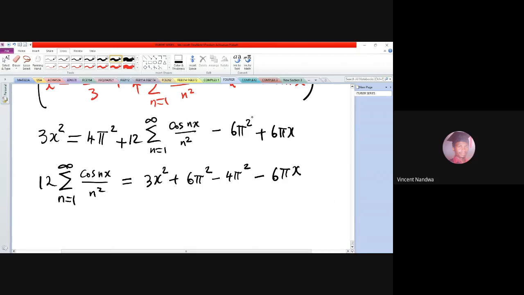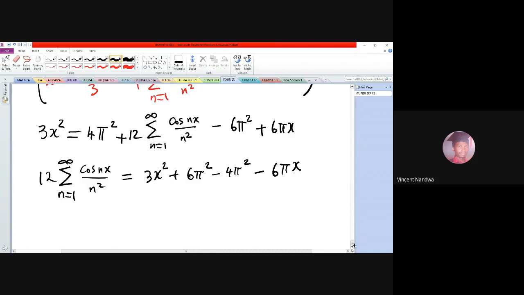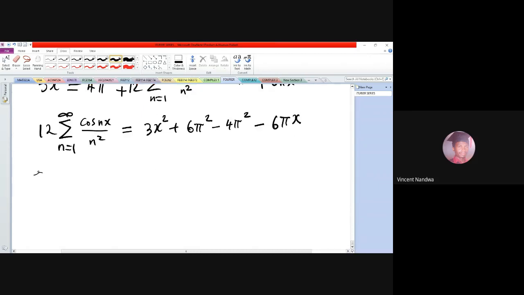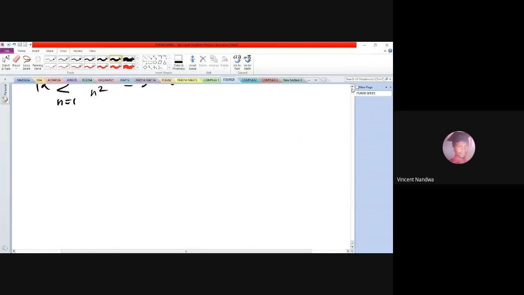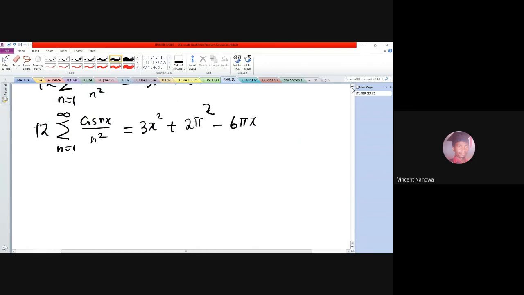I've simply taken these terms to the opposite side and left with 12 and this summation. So this tells me that I'll have 12 summation n from 1 to infinity of cosine nx over n squared equals 3x squared, plus 2 pi squared, minus 6 pi x. And then let's make the summation the subject.